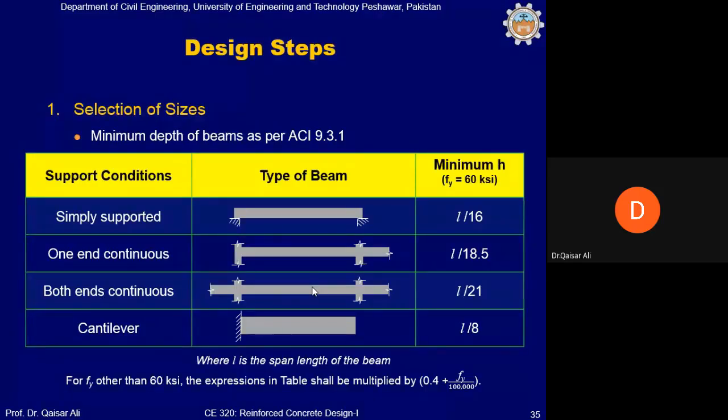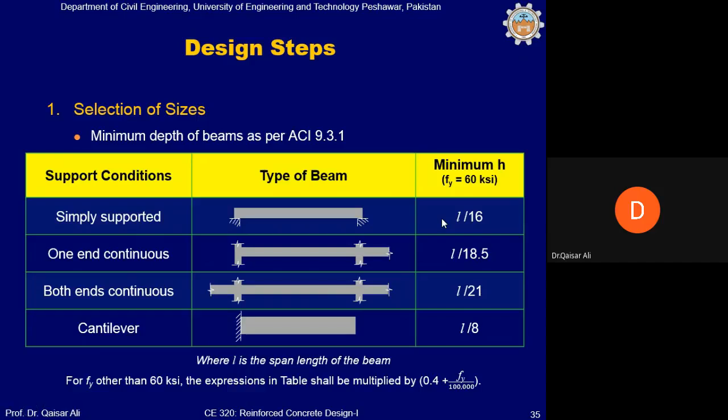ACI code recommends that in the beginning, the depth of the beam shall be estimated from these equations. You can see that for a simply supported case, the minimum depth of the beam shall be assumed equal to L by 16 inch. You should remember that these recommendations of the ACI code are meant to minimize deflection in the beam in an indirect manner.